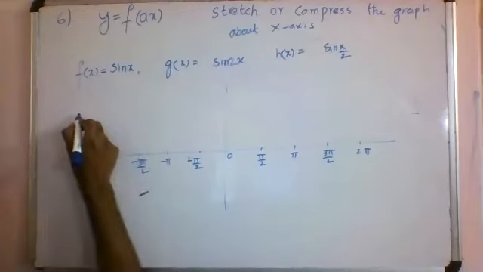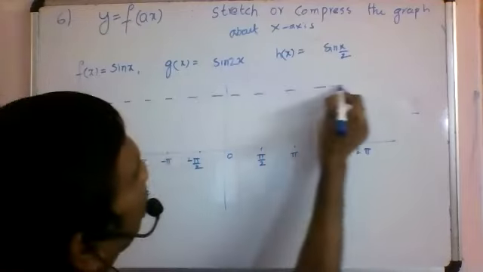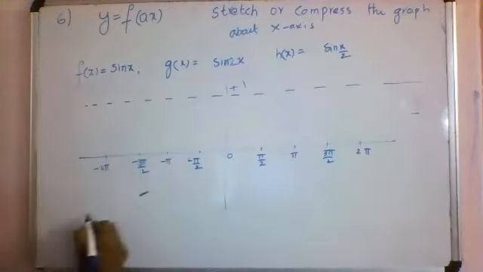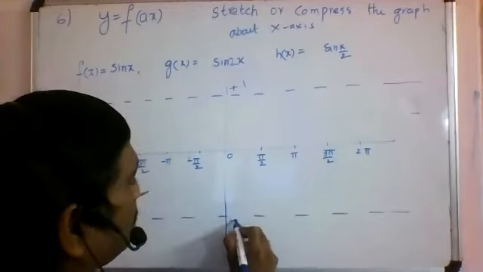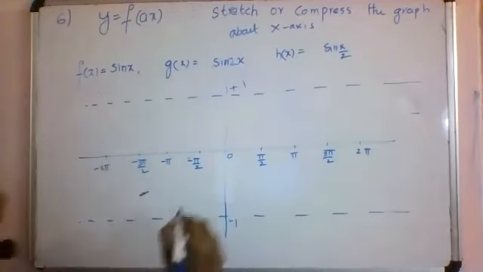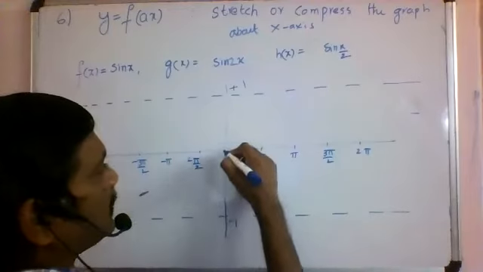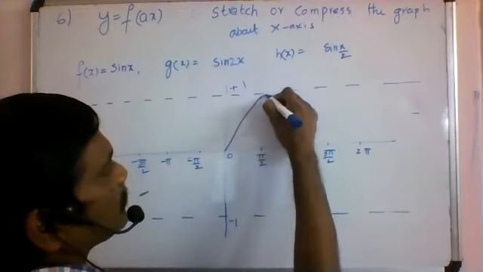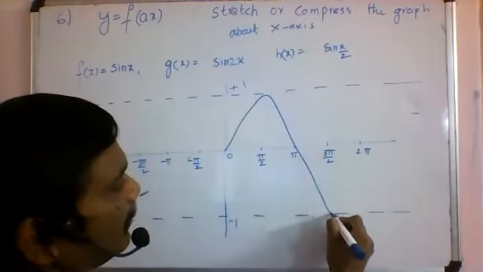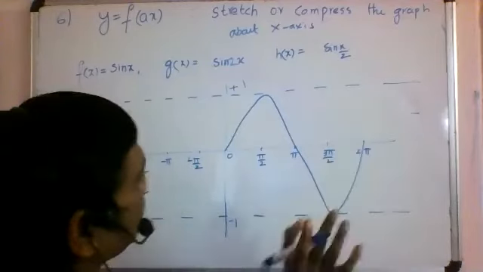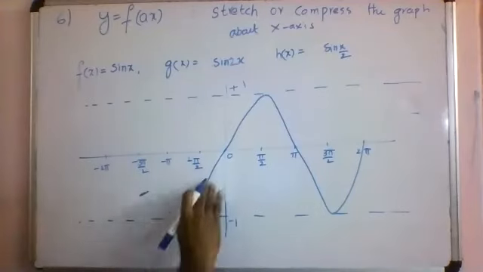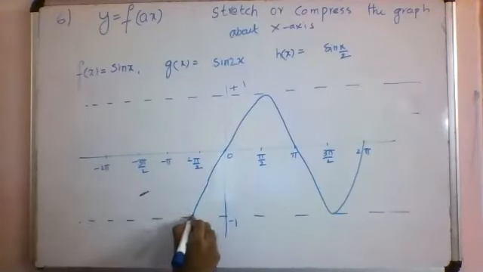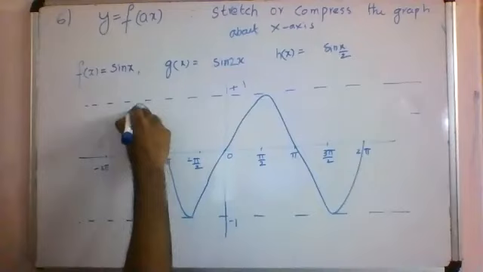And the maximum value I'll keep it here, plus 1, and minimum value I'll keep it here, minus 1. Now the original sin x graph: sin 0 is 0, sin pi by 2 is 1, sin pi is 0, sin 3 pi by 2 is minus 1, sin 2 pi will be again 0. So same graph this side: -1, -1, +1, 0.